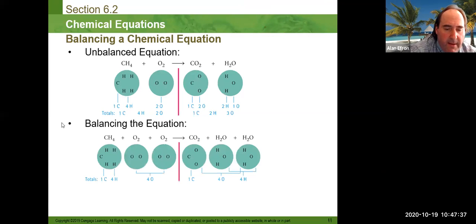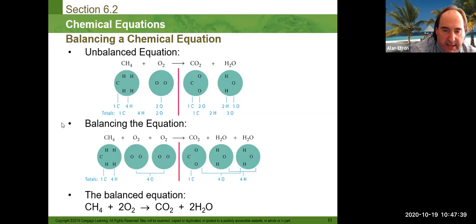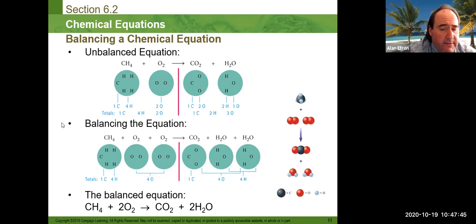Okay. So let's talk about balancing these equations and what we want to do. You start with what is sometimes referred to as the unbalanced equation. The unbalanced equation is like what we were looking at earlier. We have our CH4, which is our methane, plus our O2, giving CO2 and water. So this is our unbalanced equation.